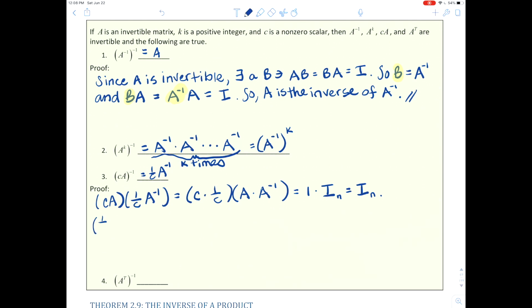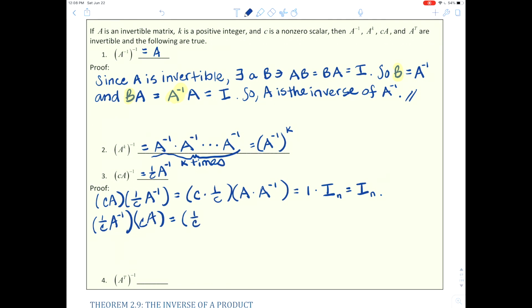Other way around. 1 over C times A inverse times CA is equal to, well, again, commuting, we'll have 1 over C times C, and then we'll have A inverse times A. This will be equal to 1 times I_n, which is I_n. And we're done.